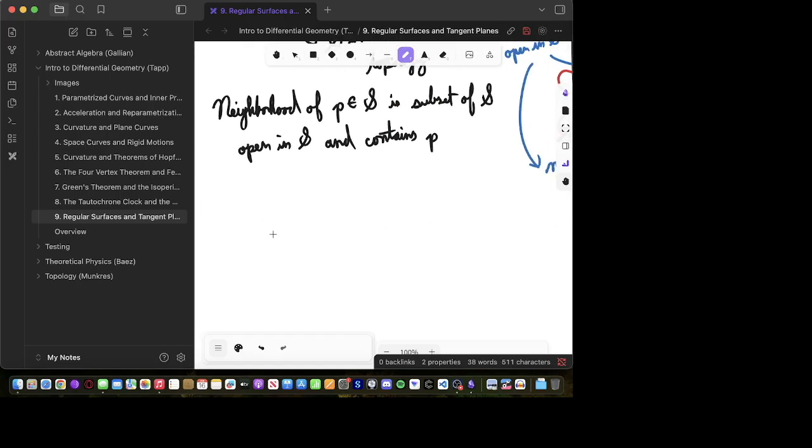So now we continue with the definition of a regular surface.